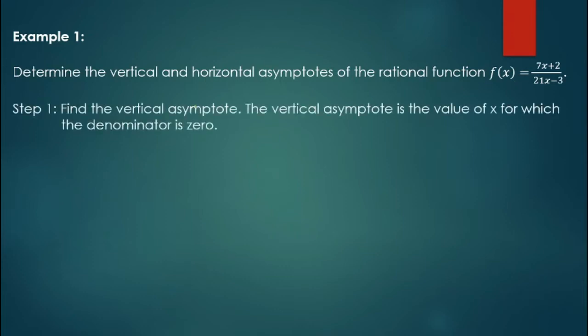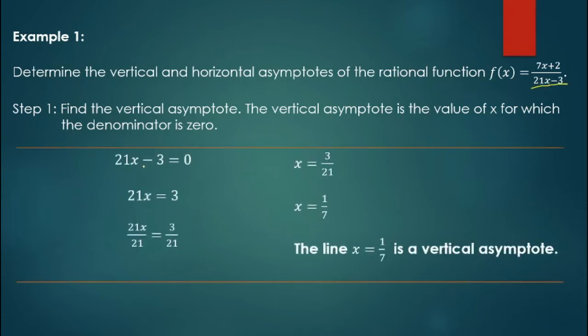So for this step 1, we need to find the vertical asymptote. So wala tayong ibang gagawin, kailangan lang natin kunin ang denominator, which is 21x minus 3. So 21x minus 3 is equal to 0. Always yon, lagi natin i-equate sa 0. And then solve for the value of x.